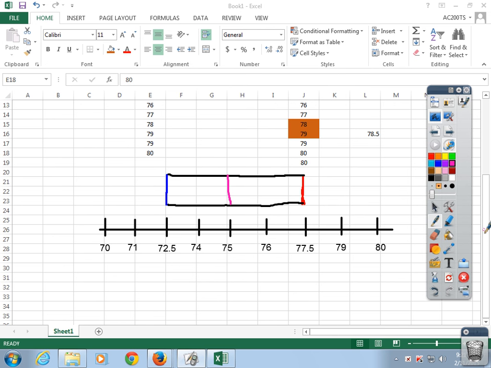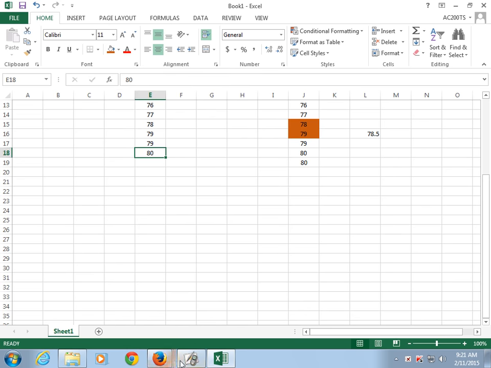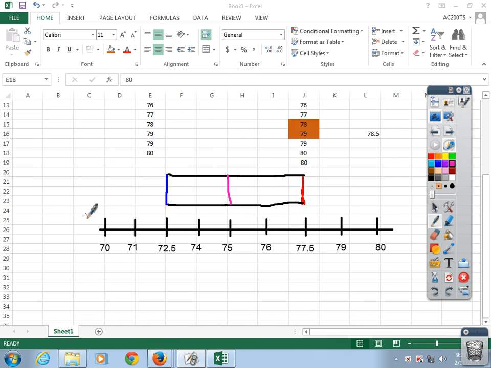That's how you draw it. Now, what is this supposed to depict?